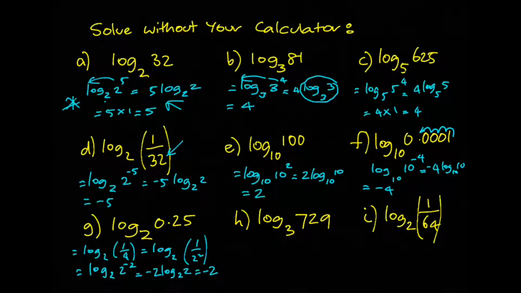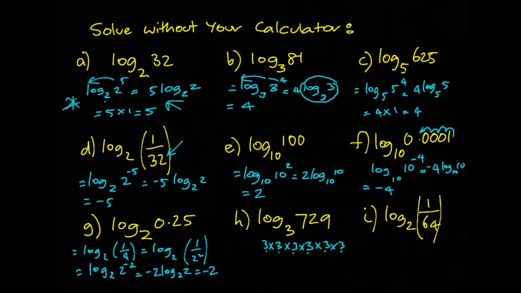Okay, part H, first we've got to work out how many times 3 might multiply to give that, if in fact it does give that. So we've got 3 times 3 is 9, times 3 is 27, times 3 is 81, times 3 is 243, times 3 is 729. So we've got 1, 2, 3, 4, 5, 6.